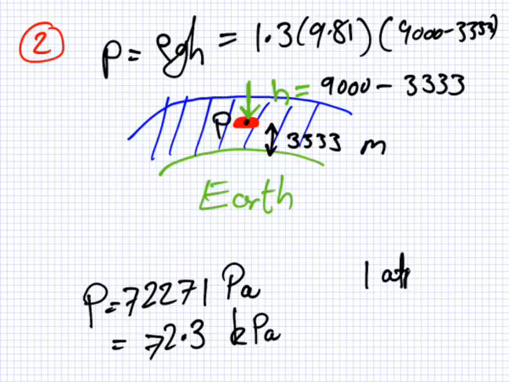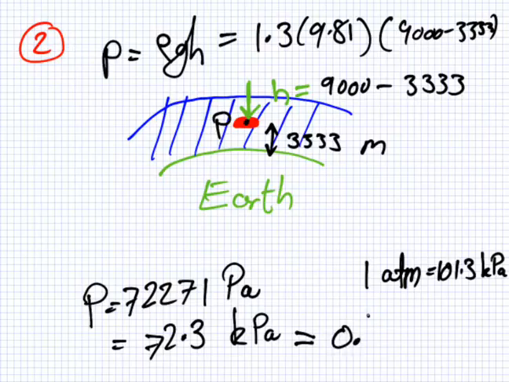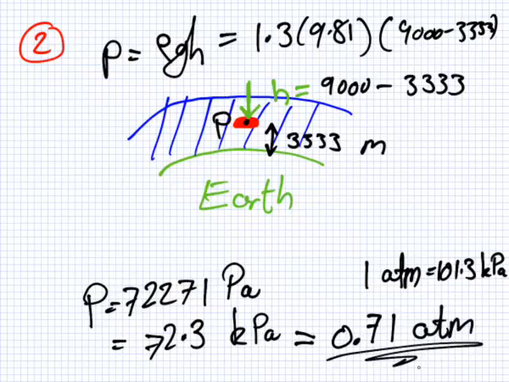Now, what did I say the thickness of the atmosphere was? Was it like 8 kilometers or something? Yes, approximately 8.6. Okay, we'll just say 9,000. So we'll say 9,000 minus 3,333. That's the height. So this will equal 1.3 times 9.81 times (9,000 minus 3,333).